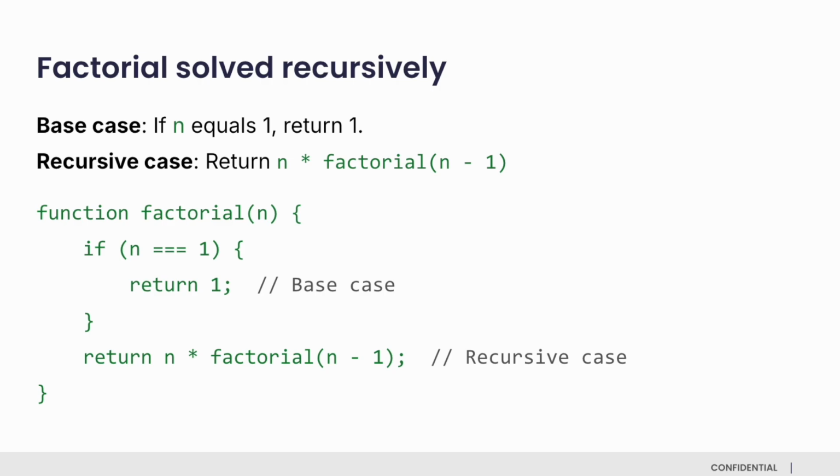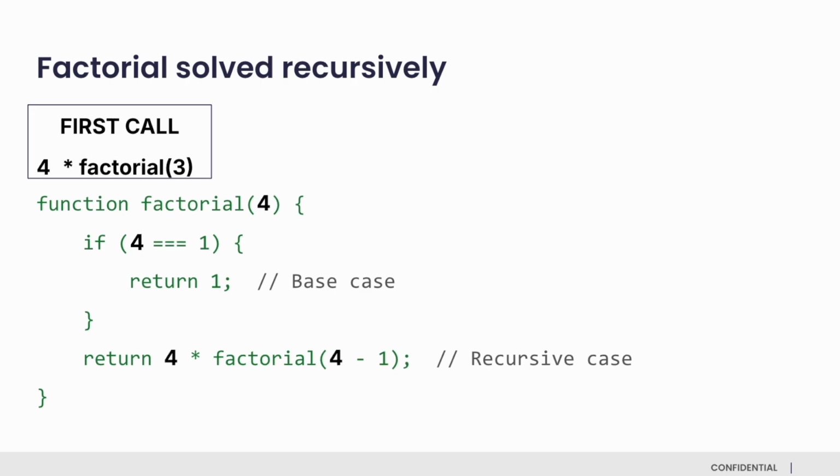Let's take a look at what that would look like if n equals 4. The function will first call factorial 4. And since n is not equal to 1, we'll enter the recursive case down here, which will be 4 times factorial of 4 minus 1, which is factorial of 3. So that first call is giving us 4 times factorial of 3.